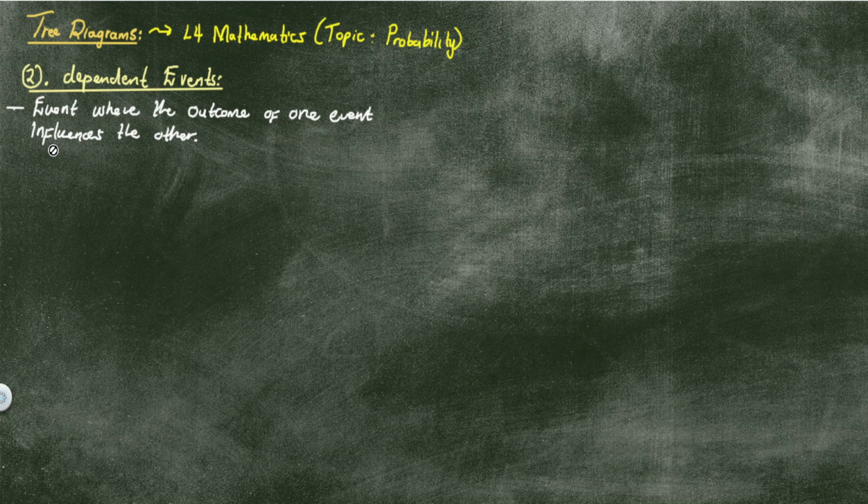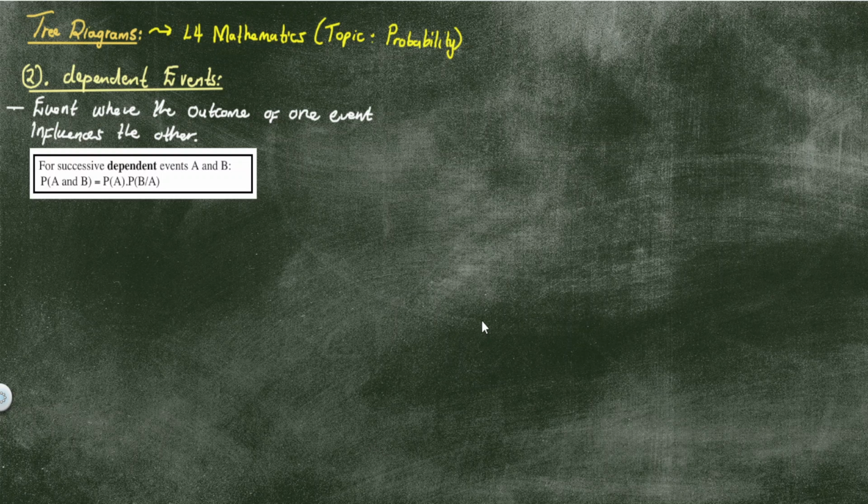But with dependent events, A and B are now dependent on each other, meaning that whatever happens in A will affect whatever happens in B, and vice versa. The first event affects the second event.